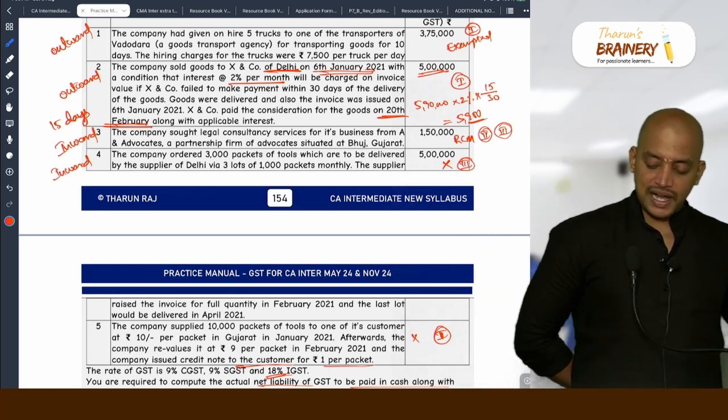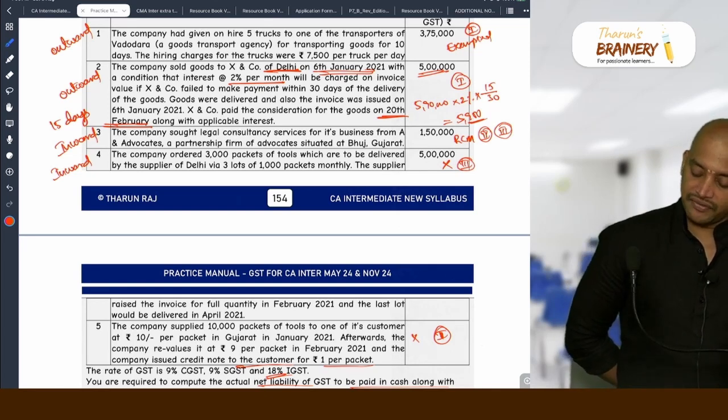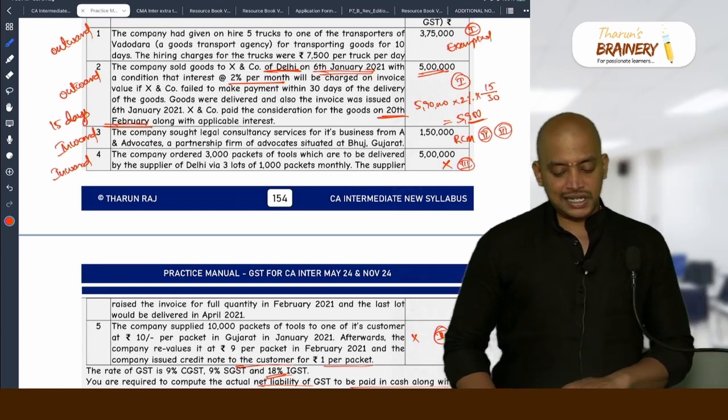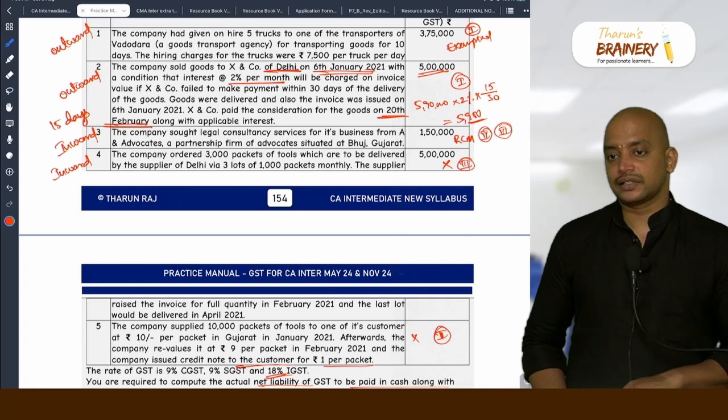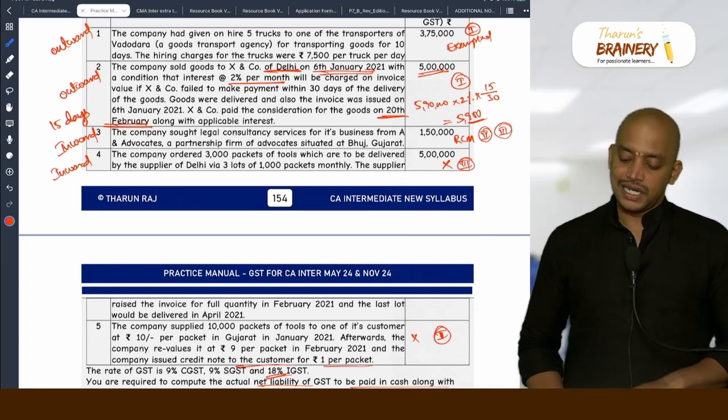Legal services value 5 lakhs, 5 lakhs of 1 lakh 50. Is it within the state or outside the state? Within the state, Gujarat. So CGST, SGST.